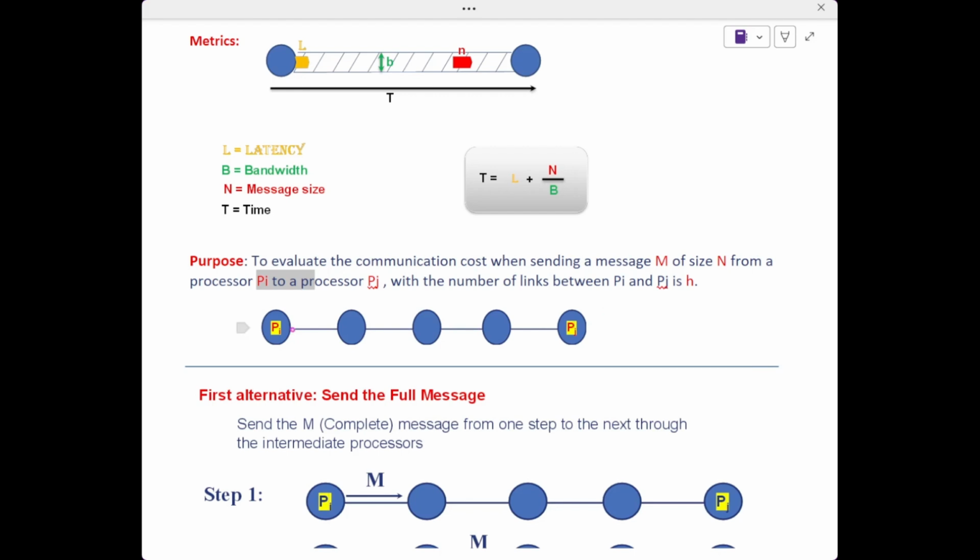H is the number of hops. How many hops we cross while going.